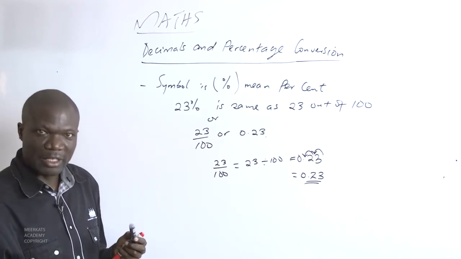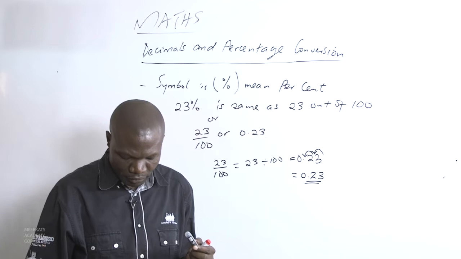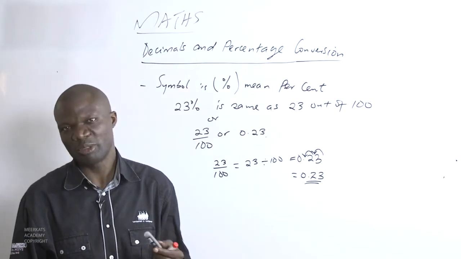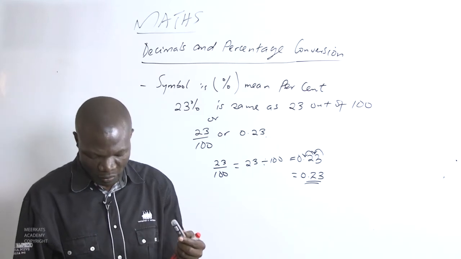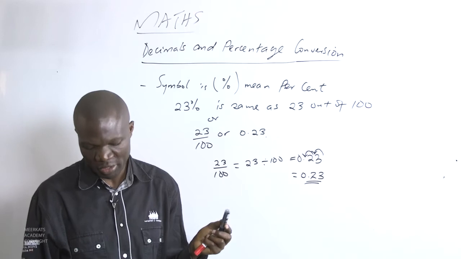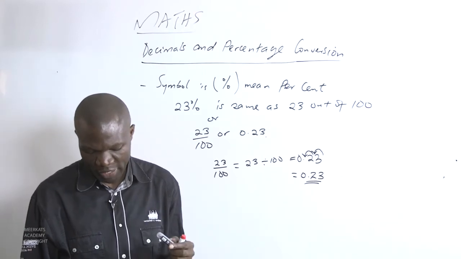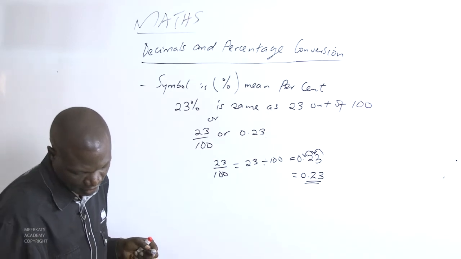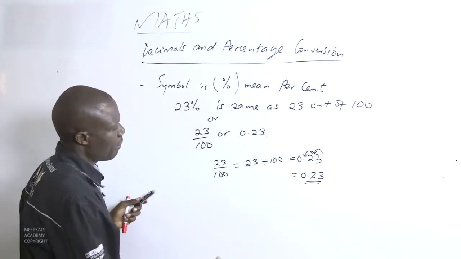To convert a decimal to a percentage, we simply multiply by 100. And this is done by moving the decimal point from where it is 2 places to the right. Let us see about that.